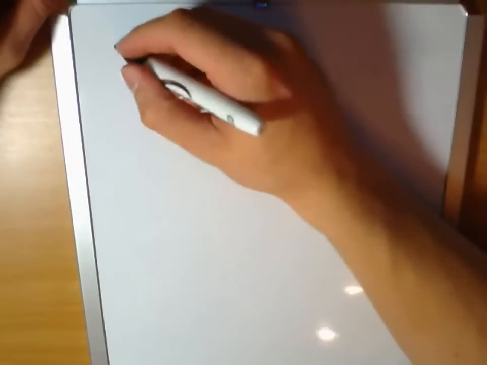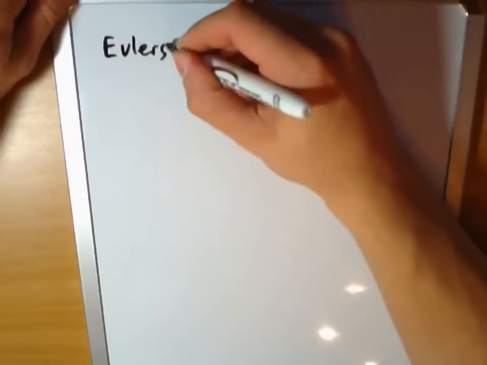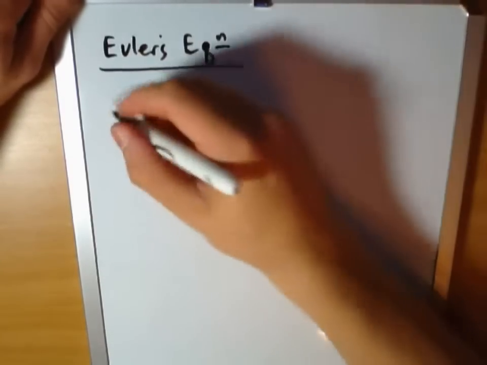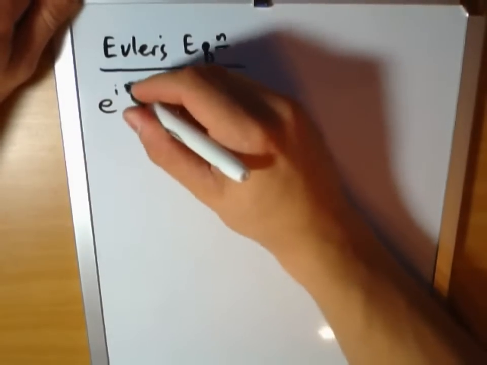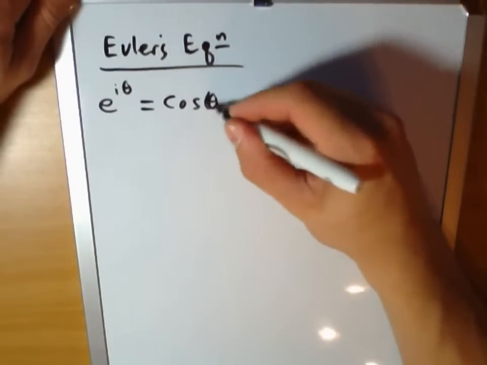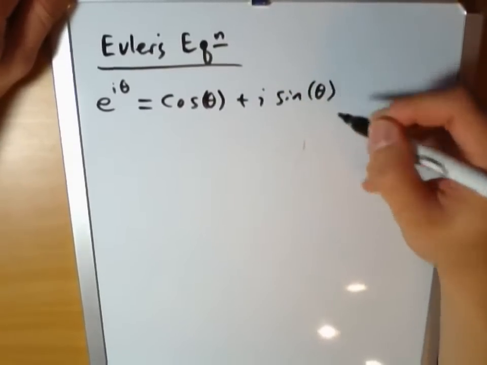So the next most important things to know about complex numbers is I'm just going to throw a bunch of equations at you that are identities and things that are important for you to keep in mind moving forward. So there's something called Euler's equation, and that is e to the i theta equals cosine theta plus i sine theta.